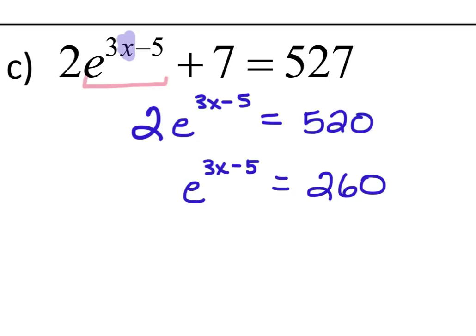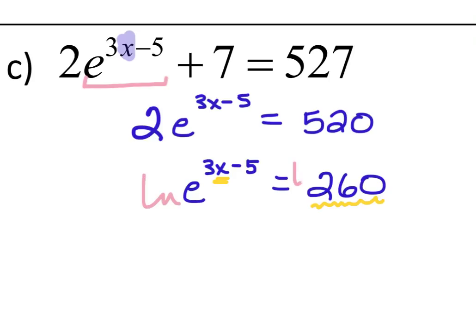And whenever you have an exponent that has an x in it and you want to get the x out of the exponent, and there's no way that I can write 260 as e to a power, I can't make those two bases equal to each other, what I'm going to do is take the ln of both sides.